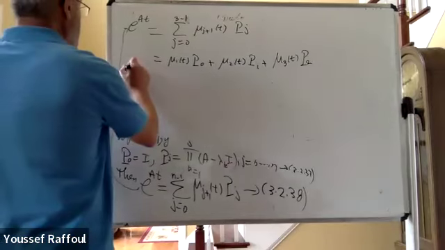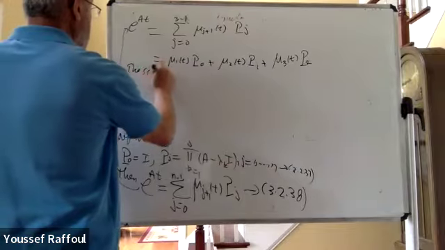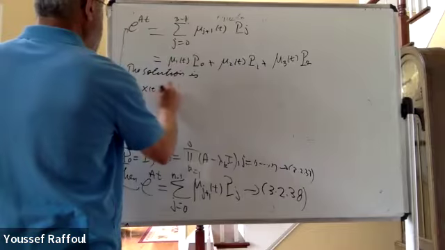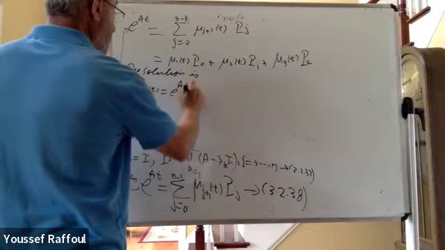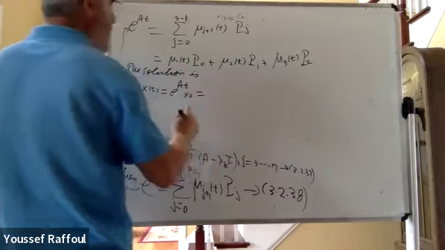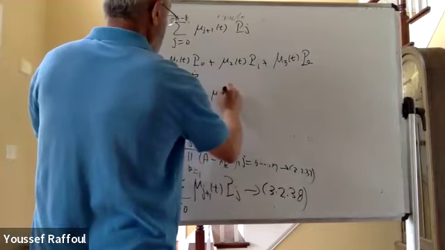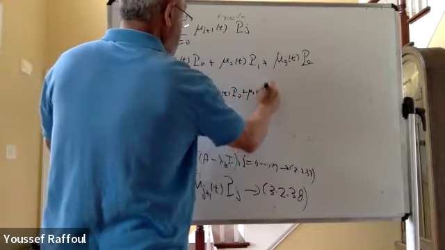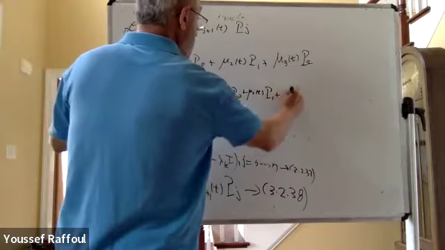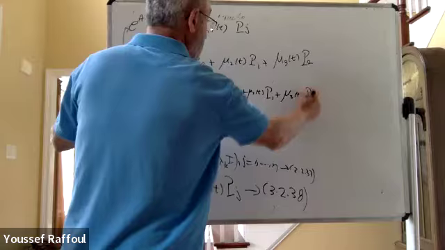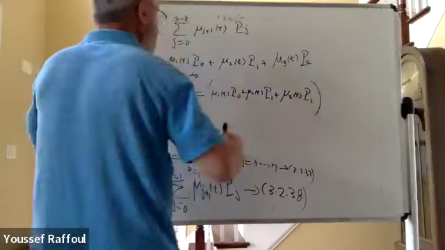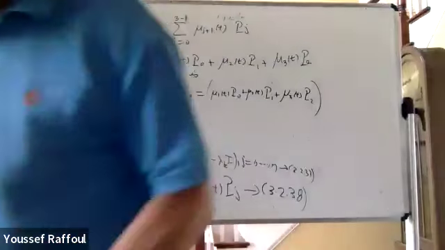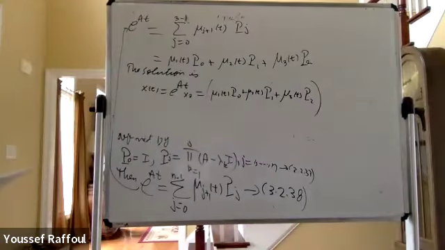So the final solution is x of t equal e to the at x naught. That is mu1 of t p0 plus mu2 of t p1 plus mu3 of t p2 times, what was the initial vector?